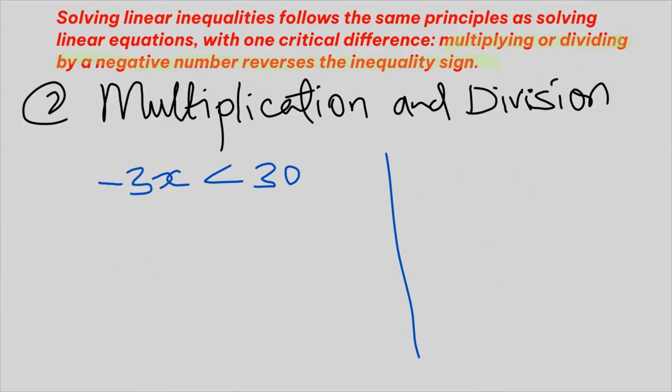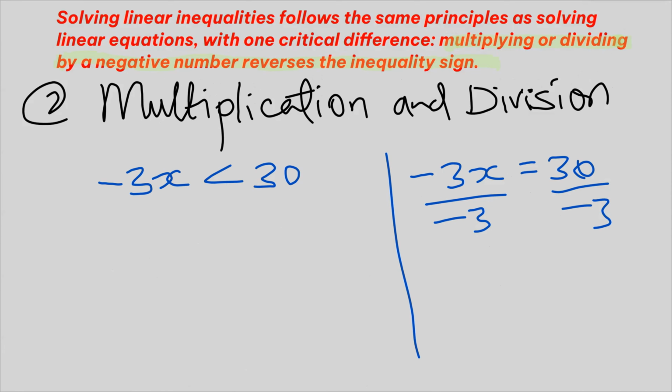For a normal linear equation, it will be negative 3x equals 30, and we'll just isolate x by dividing by negative 3. Our x will be negative 10.